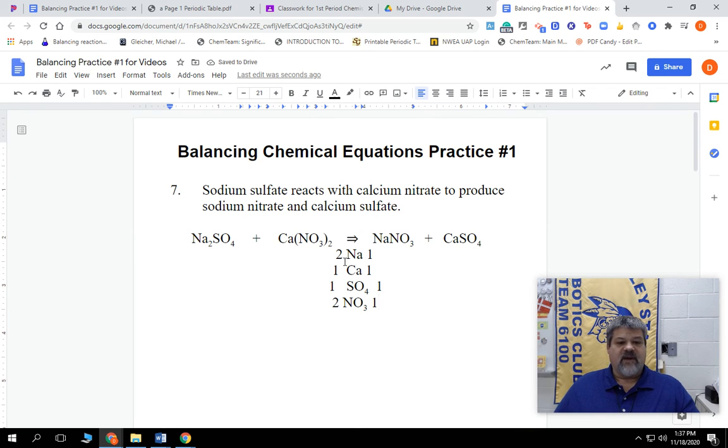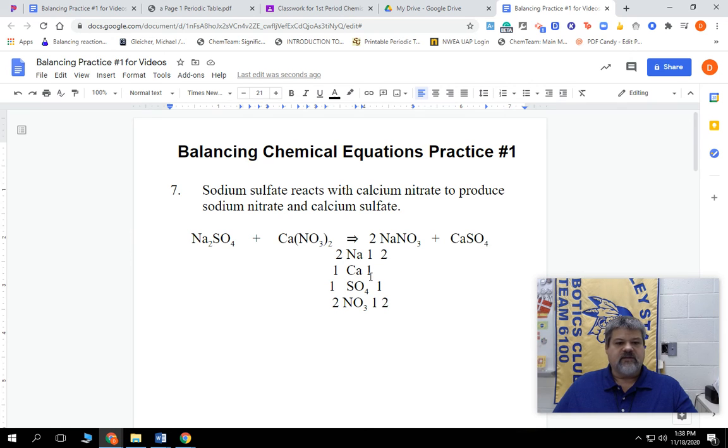So we're going to start off by doing our sodium. We said we save the polyatomic ions to the end because a lot of times they work out. So in order to put that here, we're going to put a number right there, and that's going to be a 2. So if I put a 2 right there, that means I have 2 sodiums. So now I have 2 sodiums, but I also have 2 nitrogens. And I look at that, I go, okay, equal 2, 2, 1, 1, 1, 1, 2, 2.